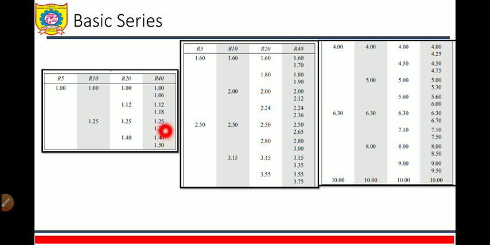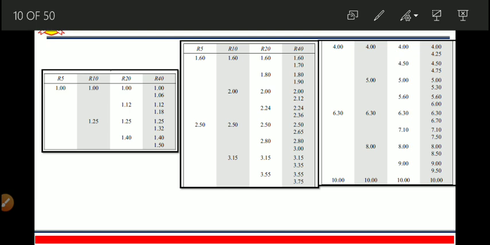In the R40 series, to go from 1 to 10, I have to go through many more numbers. If we count this, we are going to get 10 after a long count. So going from 1 to 10 using the R40 series will take a large amount of time.